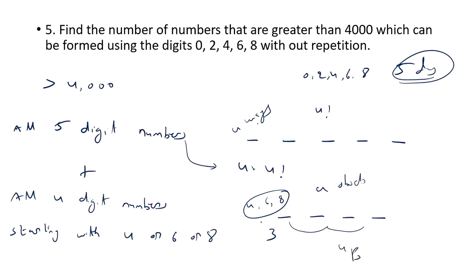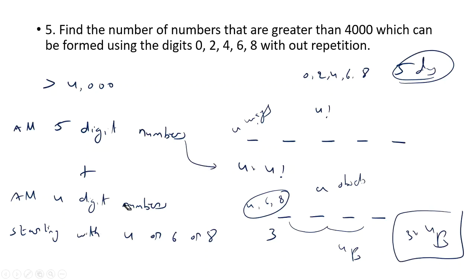And the number of ways of filling the first blank is 3. Therefore, the total number of ways is equal to 3 times 4P3. So these are the total number of 4-digit numbers which are greater than 4000, and the earlier ones are the total number of 5-digit numbers which are greater than 4000. Therefore, the total number of numbers greater than 4000 is this plus this.